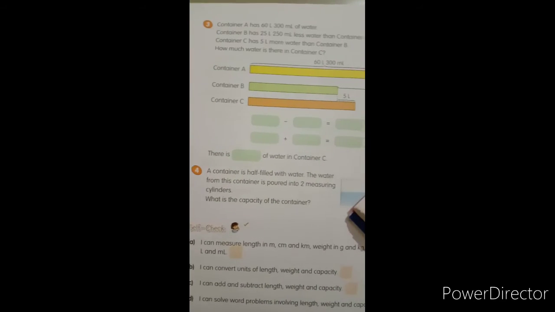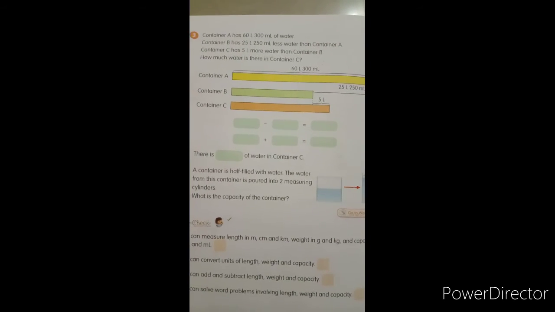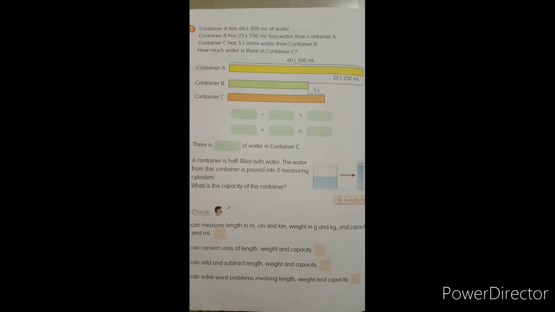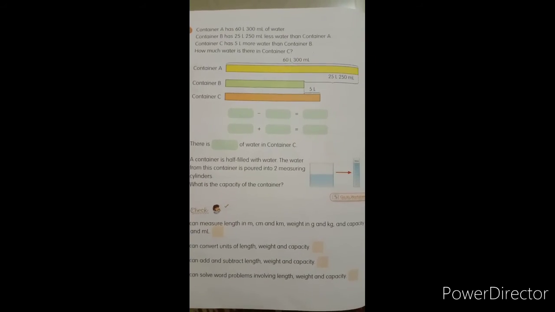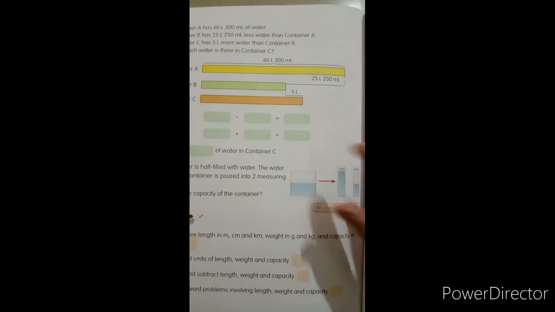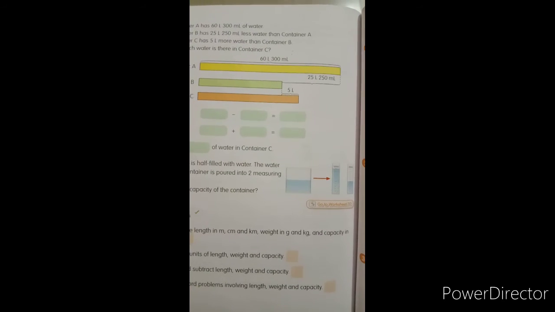After this, question number 4. A container is half filled with water. The water from this container is poured into two measuring cylinders. What is the capacity of the container? So we had discussed earlier that capacity means the complete quantity which is filled in any kind of container.